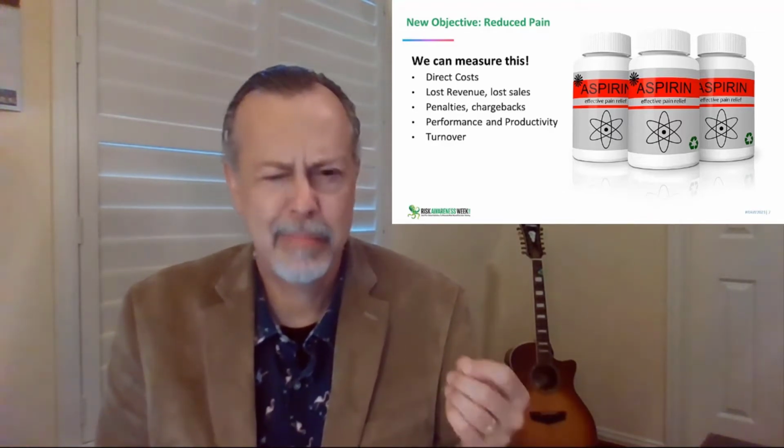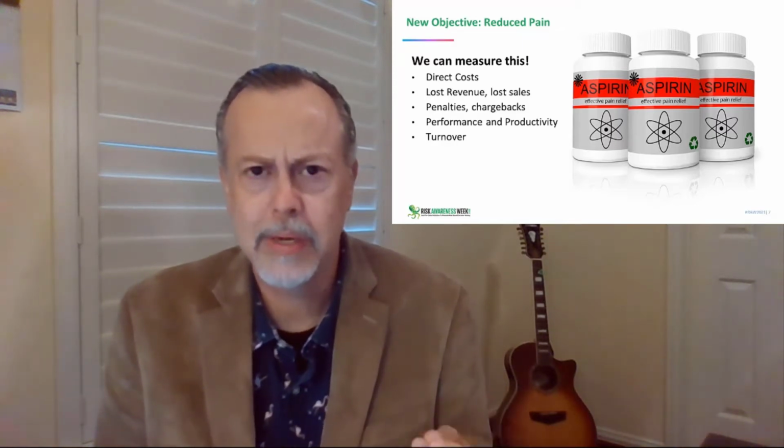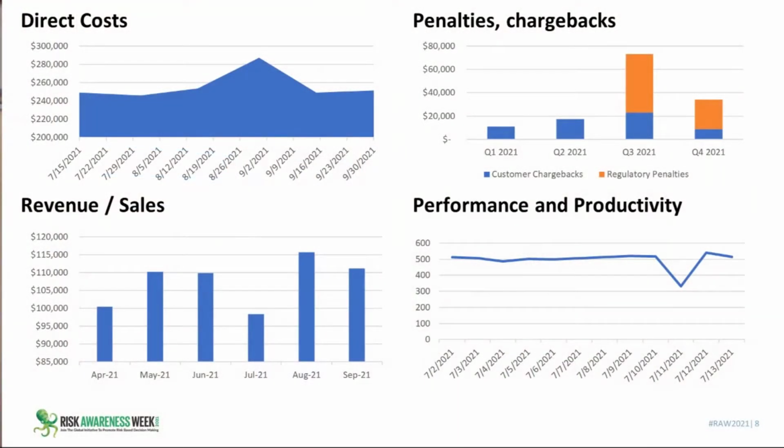And of course, things like performance and employee productivity can be measured. And again, any changes in these, we can evaluate or we can illustrate as pain to the organization. Dips in performance or productivity translate into pain for the organization. Obviously, direct costs and penalties and chargebacks and, of course, lost revenue clearly are painful to the organization because they impact the organization's overall objectives and their ability to meet their requirements and their commitments to their stakeholders.